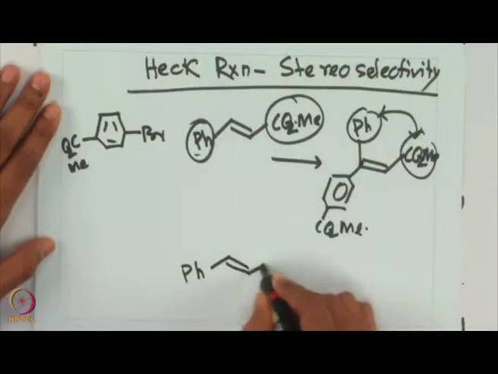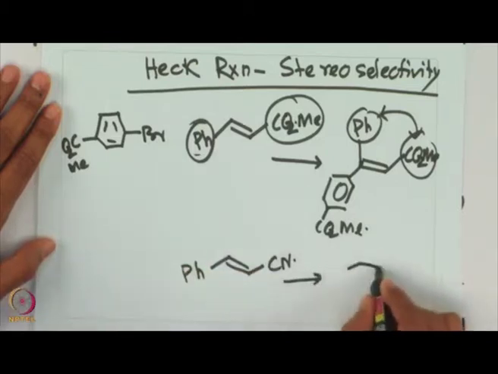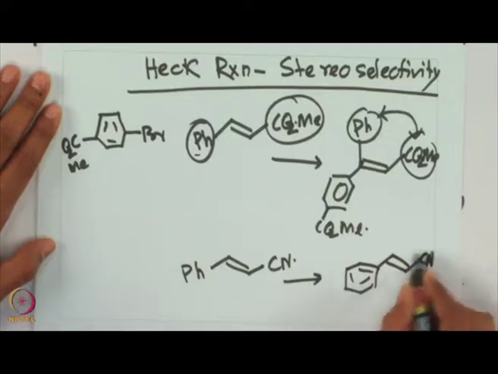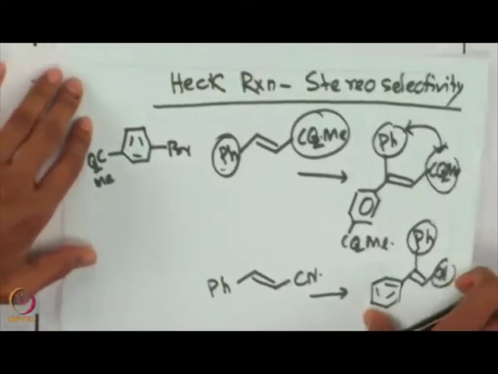Let us look at some more examples of this type of reaction. We have the same, let us say cyano with a similar substrate, and it will again give a similar type of product where cyano and phenyl are now opposite to each other. We can have some more substituents in the process.